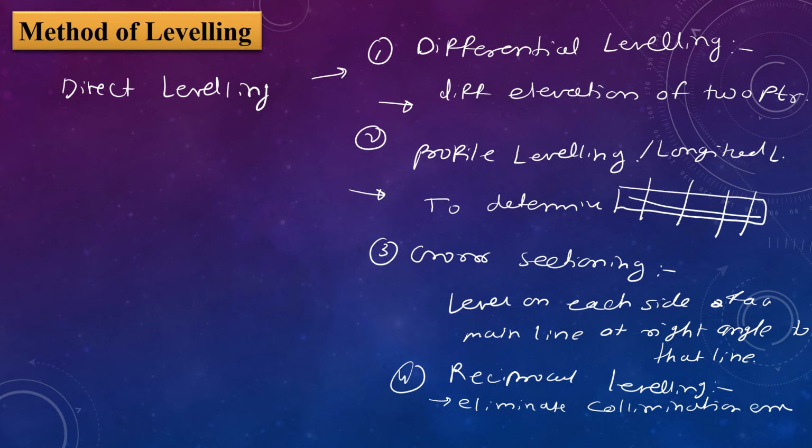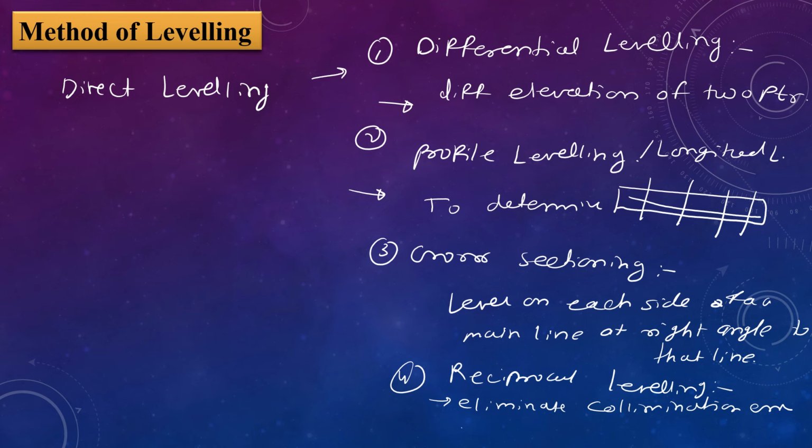Here the difference in the elevation between the 2 points is accurately determined by two sets of reciprocal observations. When it is not possible to set the level between 2 points, then two sets of the reciprocal observations are taken, and from those we determine the difference in the elevation.